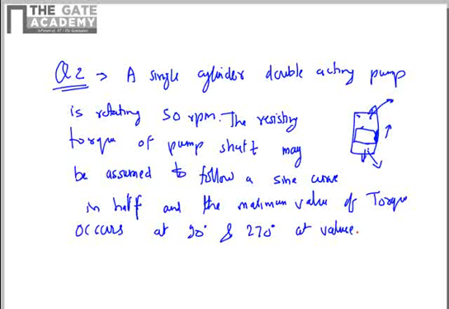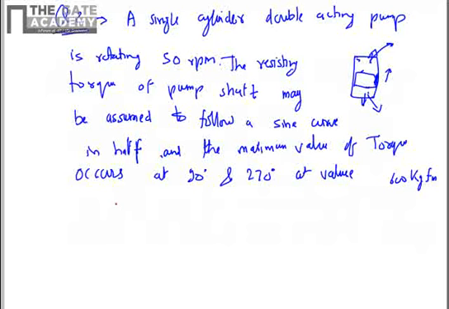The maximum torque value is given, that is 600 kg F meter. So since we know the peak of a sine wave and we know the period over which it occurs, we can draw the sine wave.